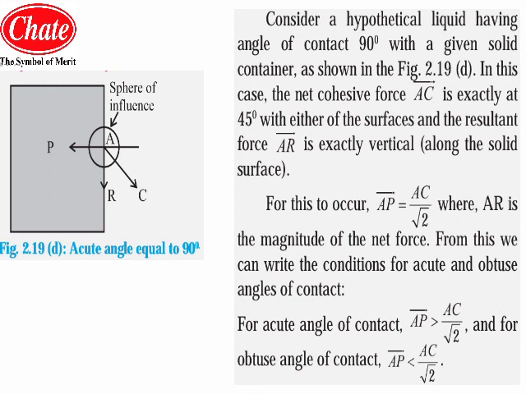This is the condition we have studied for the angle of contact of 90 degrees and the condition for convexity and concavity. So far students, we have studied the 4 conditions for the angle of contact between the liquid surface and the solid. Now the next part of the chapter we will see in the next video. Thank you so much, students.